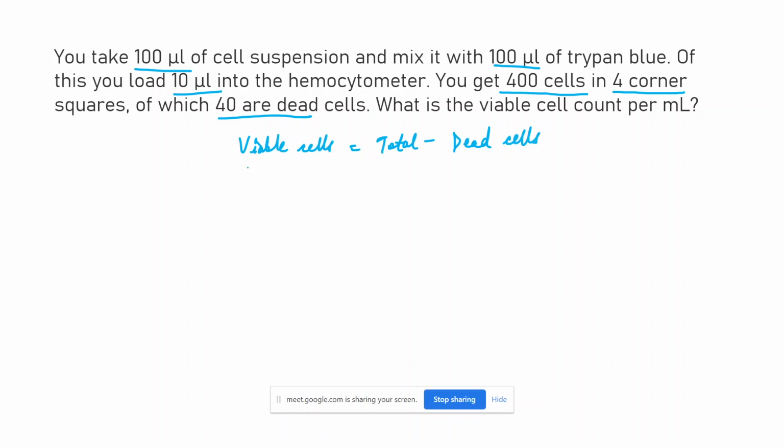So basically here, what is the number of viable cells? The total cells we have is 400. Out of that, dead cells are 40. So our viable cells are 360.